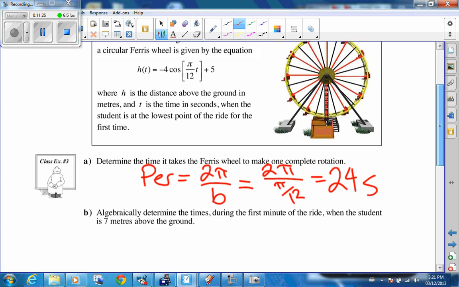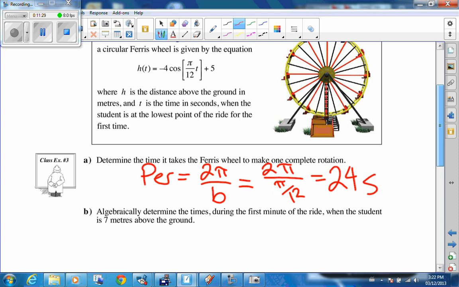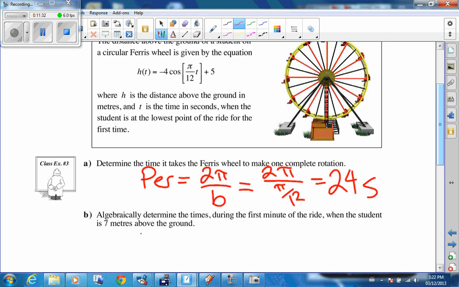And then algebraically determine the times during the first minute of the ride where the student is 7 meters above the ground. So now what I'd do is I'd write 7 equals -4 cos of pi twelfths t plus 5.